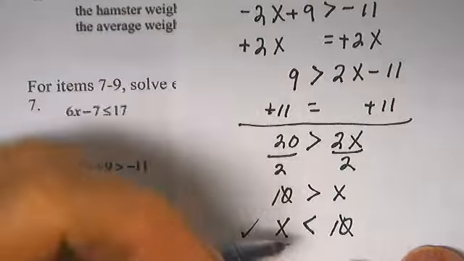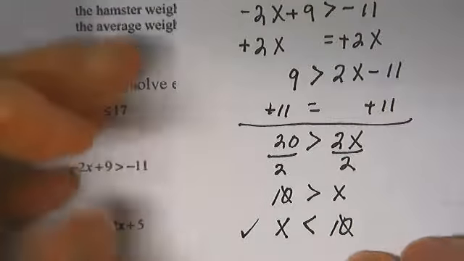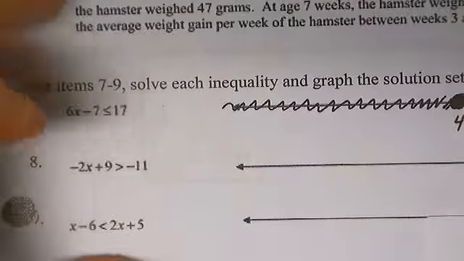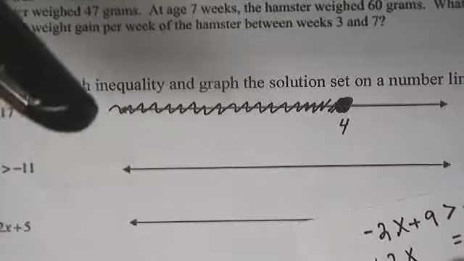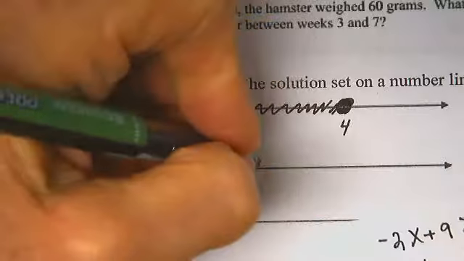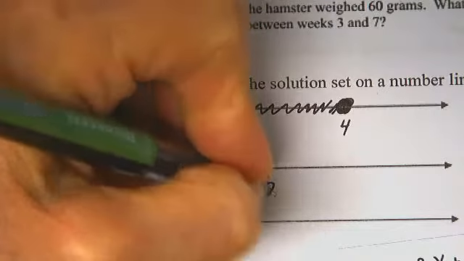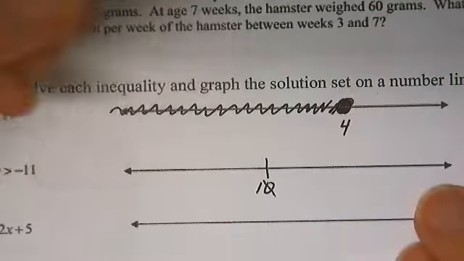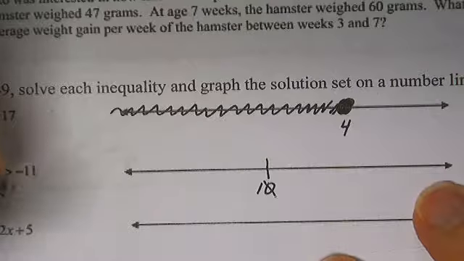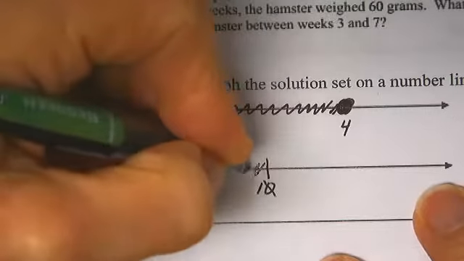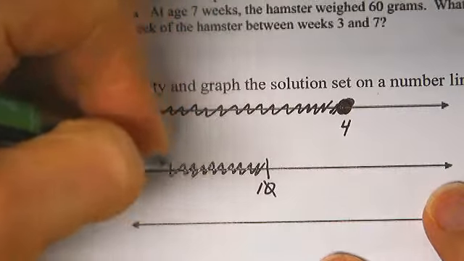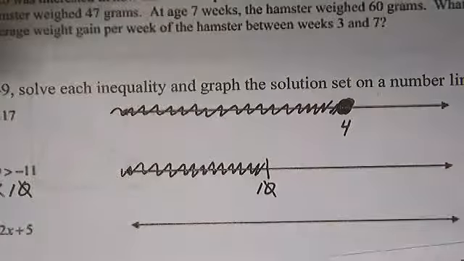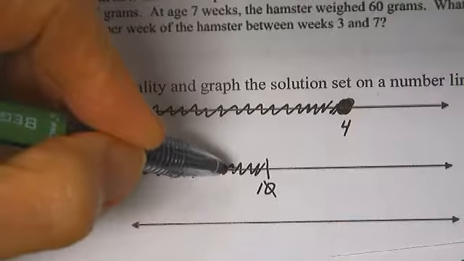In order to graph x is less than 10, first I decide where I want 10 to be. I think 10 can be right here. X is less than 10 means everywhere to the left of 10 can be shaded in.